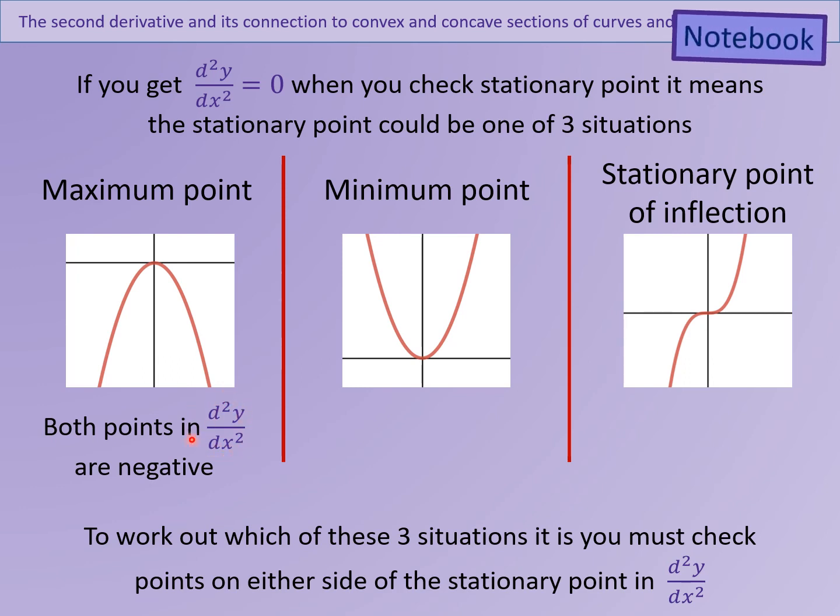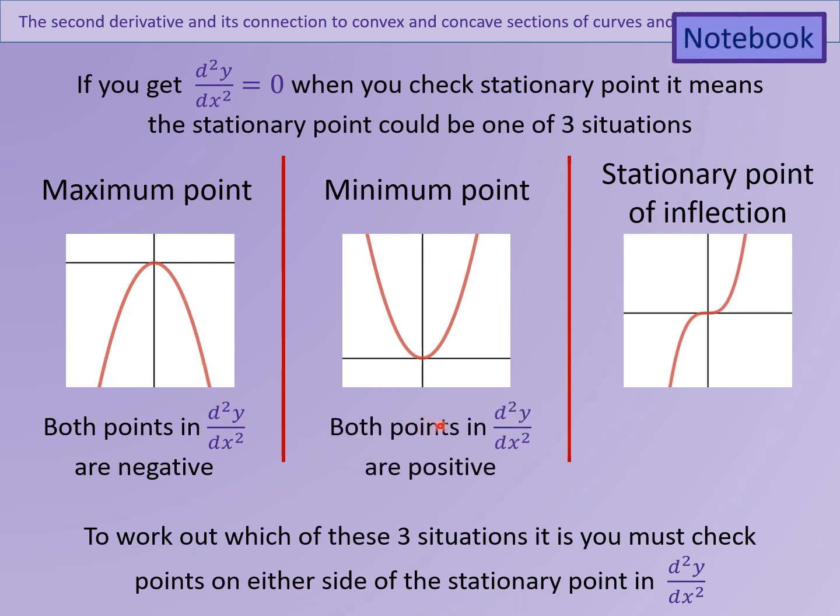Now, if both of those answers come out to be negative, that's quite normal if it's something like minus x squared. So we could see both of them coming out to be negative, therefore it is a maximum point.